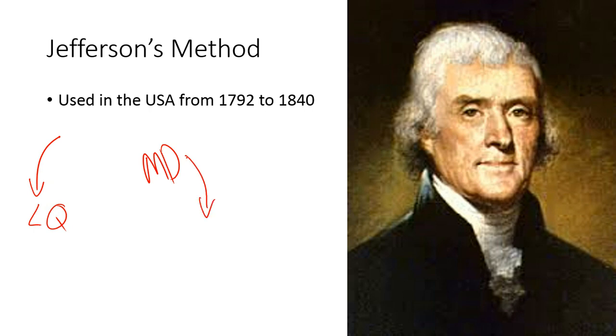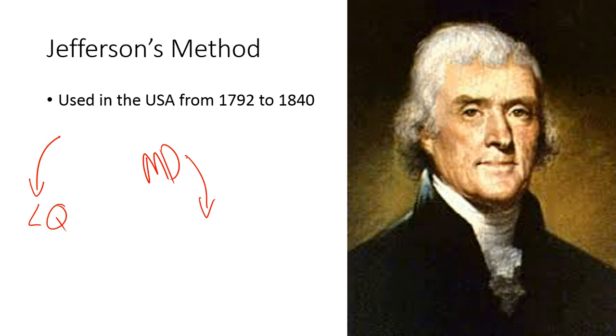So you're going to take a smaller number for your modified divisor, and you're always going to take the lower quota. And then when everybody works out and you add them all up and you get the total you need, that's when you're done. So there's a range of modified divisors that would work in Jefferson's method. But again, it violates the upper quota rule. And Jefferson's method uses the lower quota.